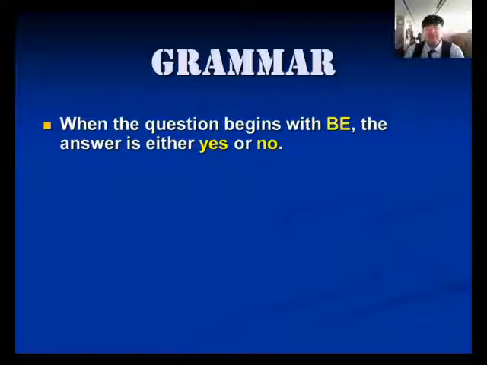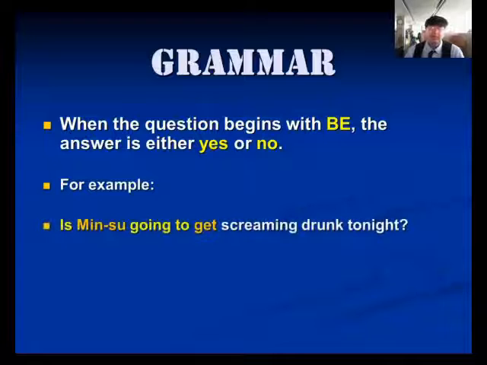When the question begins with be, the answer is either yes or no. For example, is Minsu going to get screaming drunk tonight?